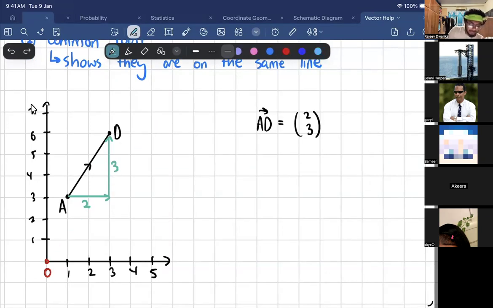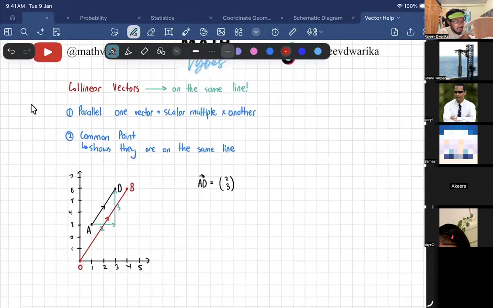Okay, let me give you another vector. I want you to tell me if these vectors are collinear or just parallel. Parallel. Ria, remember, collinear means they're on the same line.